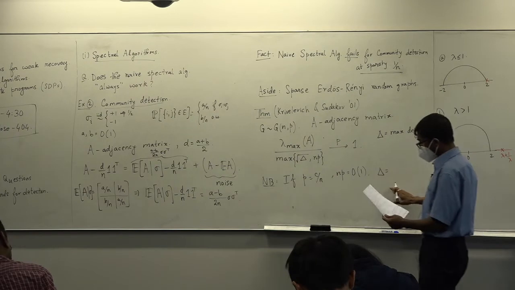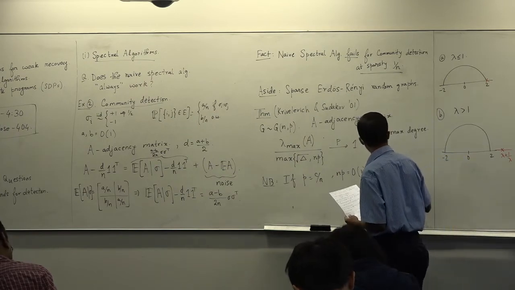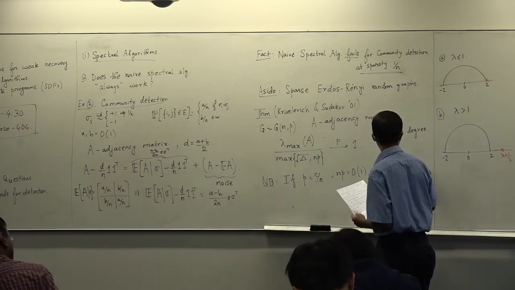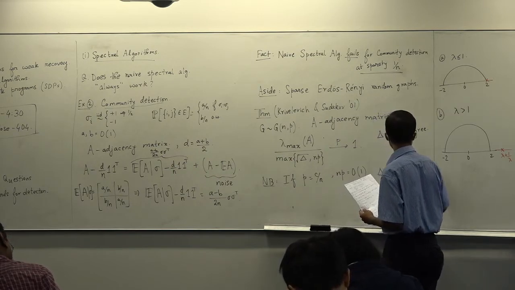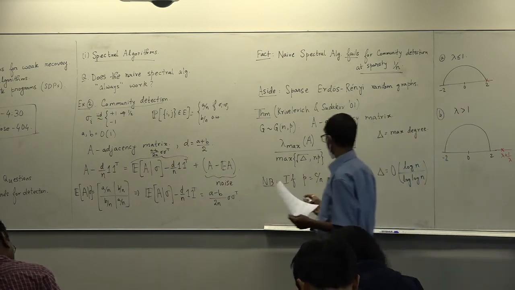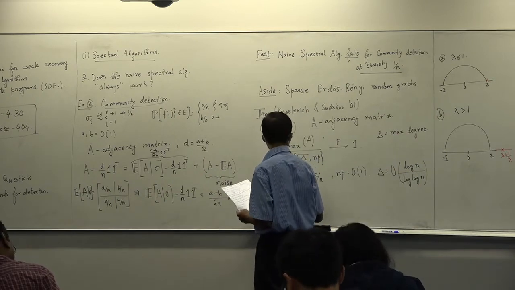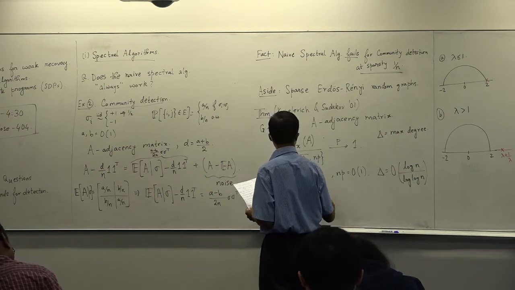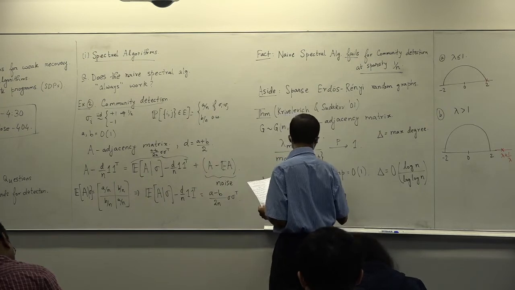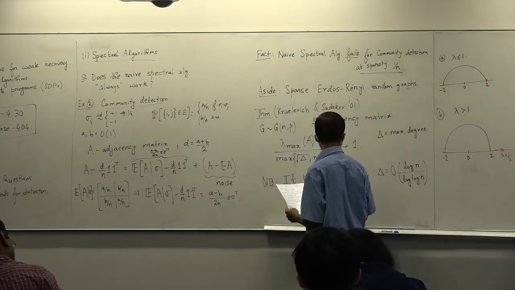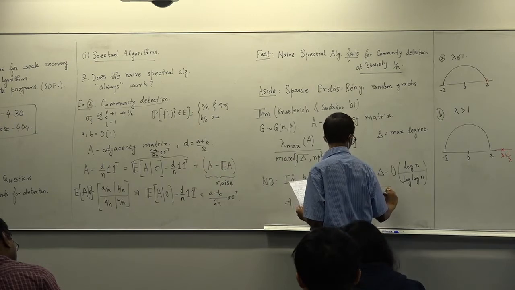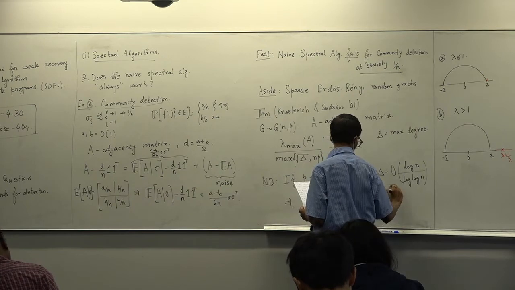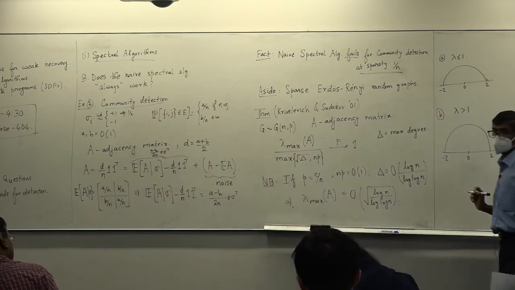So the maximum degree is of order log n over log log n. Therefore, lambda max of A is of order square root of log n over log log n in this regime.